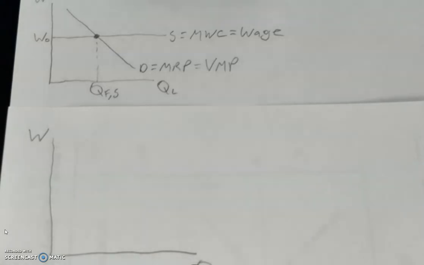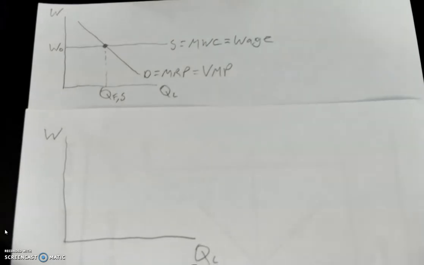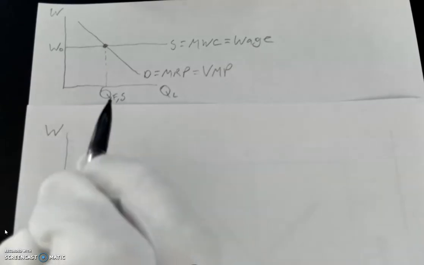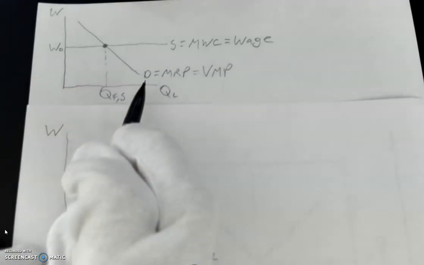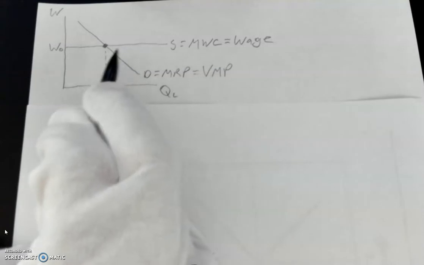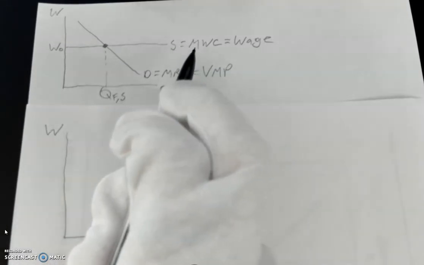I want to show not imperfect competition on the demand side for labor, which would be imperfect competition in the product market. I want to show imperfect competition on the supply side, which is imperfect competition in the labor market.